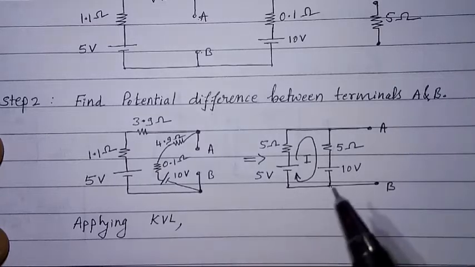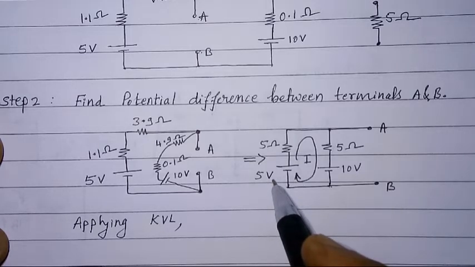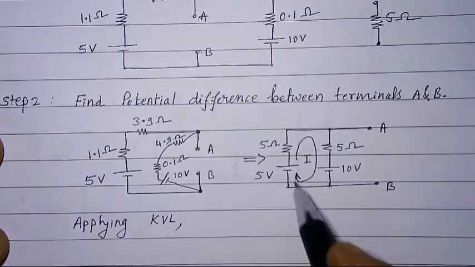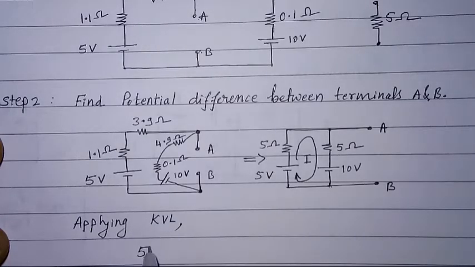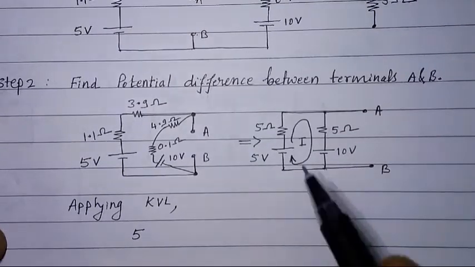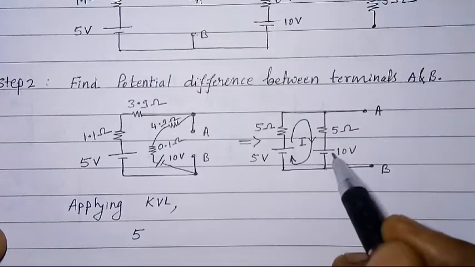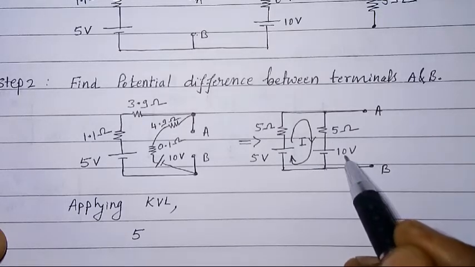Here the current I and the 5 volt source voltage rise direction are the same. So 5 with plus sign, whereas the current I direction and the voltage rise direction of the 10 volt source are opposite.